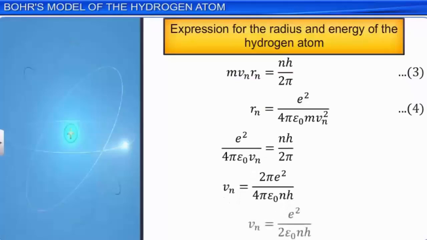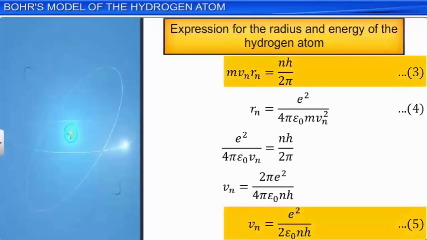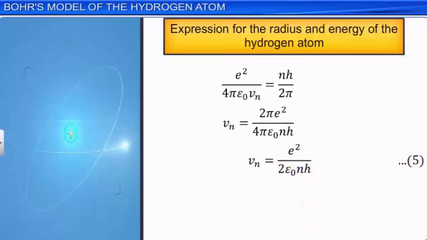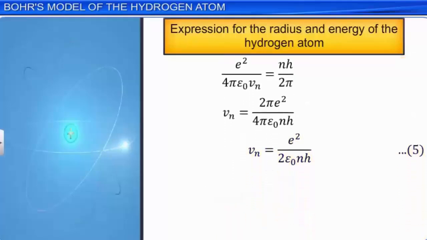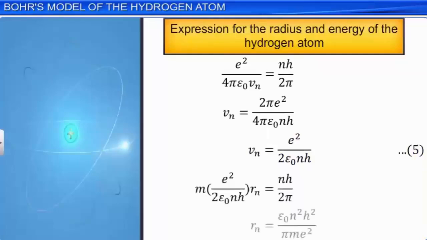Let this be equation 5. Substituting equation 5 in 3 and simplifying, we get r_n = ε₀ n² h² by π m e². Let this be equation 6.